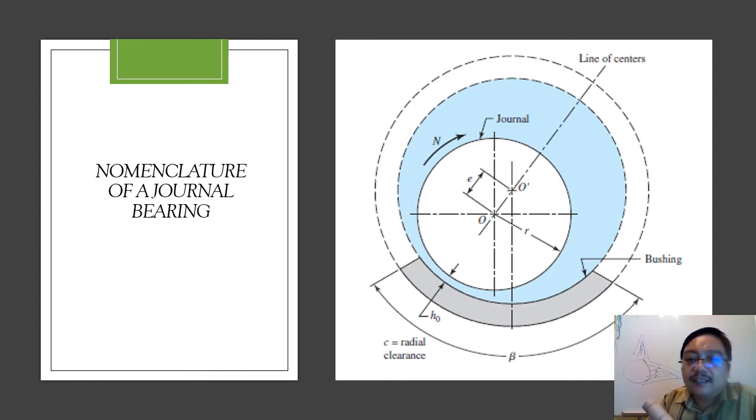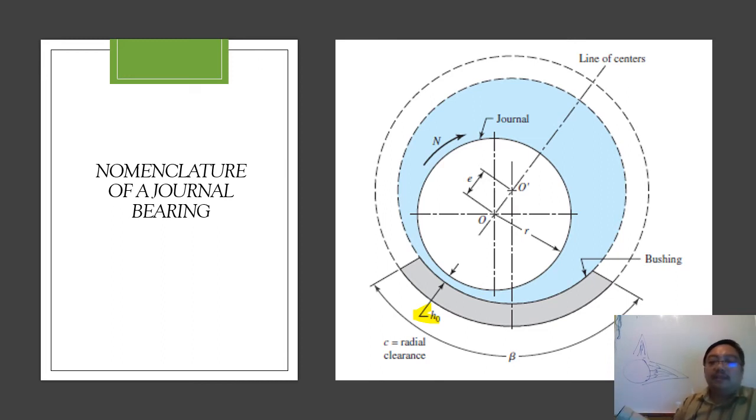And this beta is the angle. In this picture it can be called a partial bearing of 120 degrees. This is h naught. h naught is the minimum film thickness. What is the minimum film thickness? h naught.